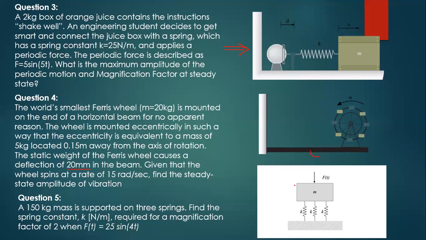So the magnification factor 2 is given, and the forcing function f(t) is equal to 25 sin 40t. So it is a spring mass system with excitation force f(t). So these are questions to be solved.